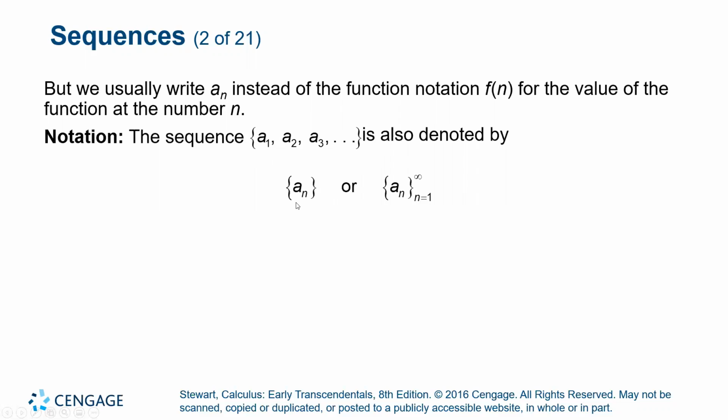Or if you have a formula for how to determine the individual terms of the sequence, you can put that formula inside of braces by itself, a sub n. And if you want to be technical, you should say n equals 1 to infinity, but that's implied. You don't have to write that. So this version with just the braces over a_n is the most common way you'll see sequences written.